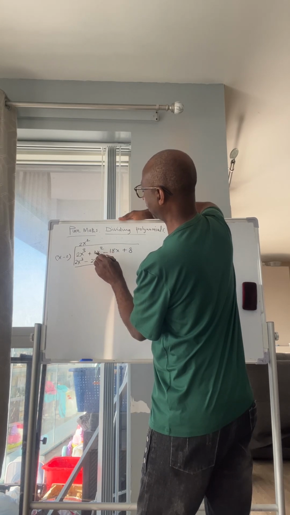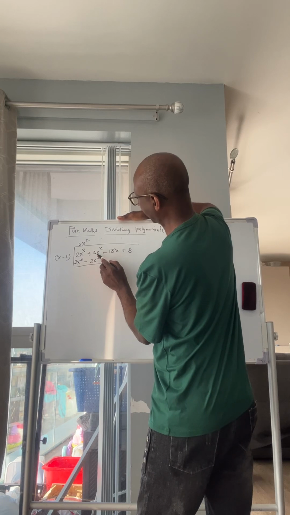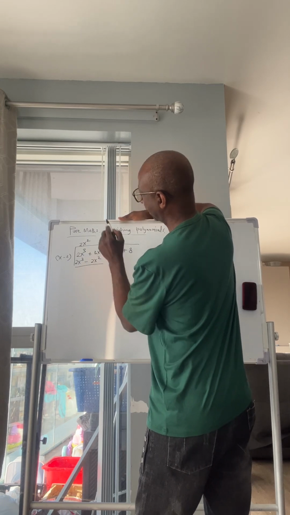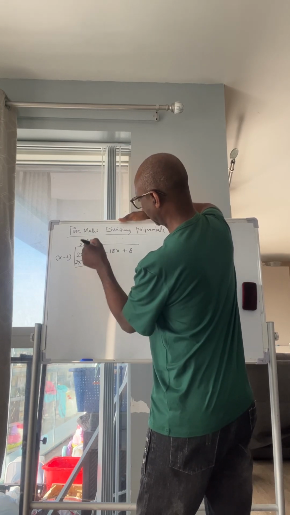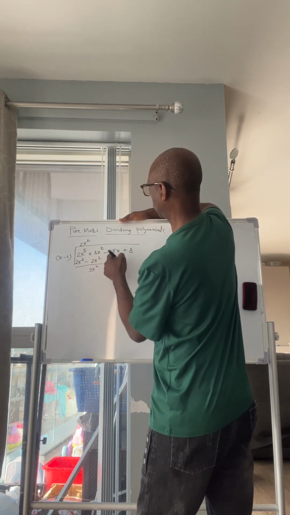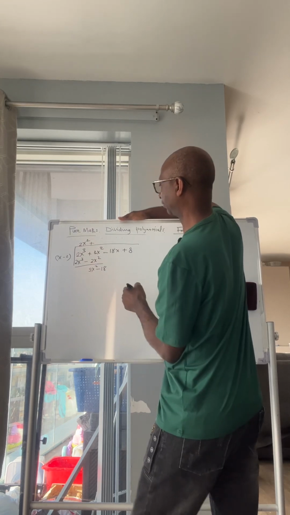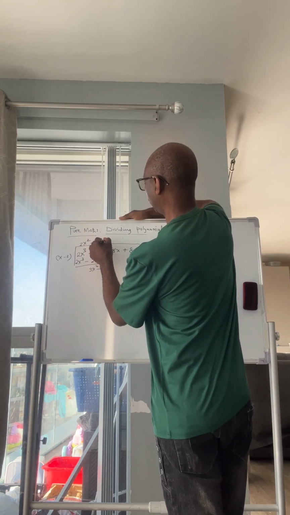Now you're subtracting minus 2 from 3x. So 3x squared minus 2x squared will give you 5x squared. We now bring our minus 18x here. So you have plus 5x.